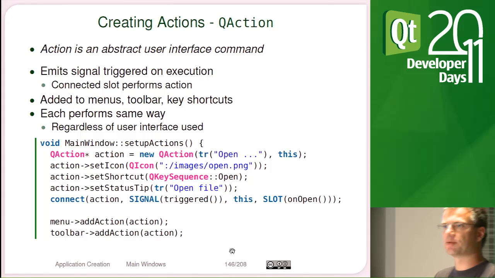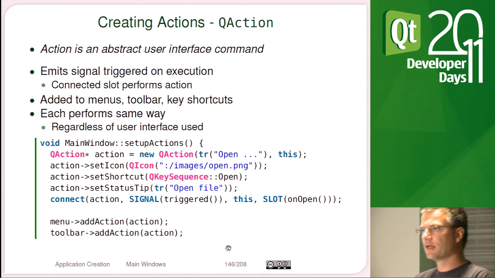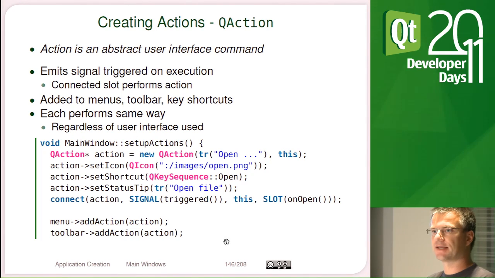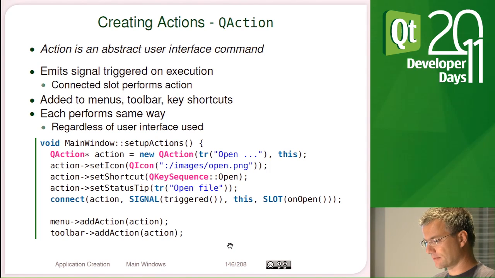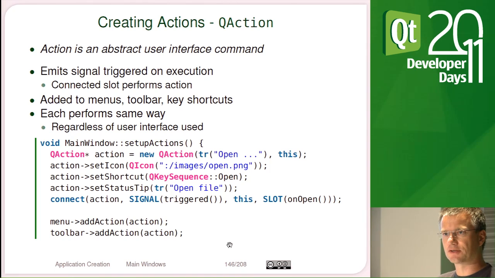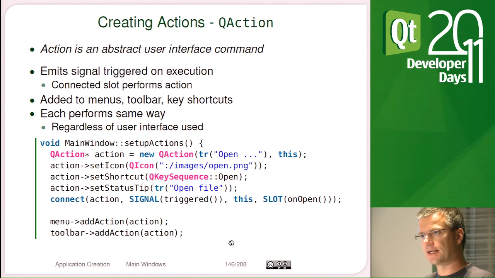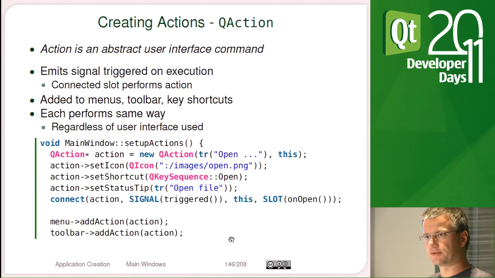But the important thing to remember is we only have one action, and we can instantiate this action in many places. Maybe later on we have an additional context menu. If the user right-clicks somewhere and we would like to add this action to the context menu, we can also make use of the same action.